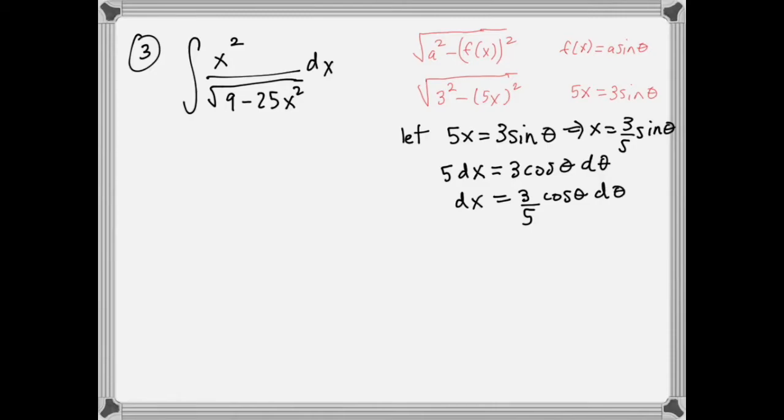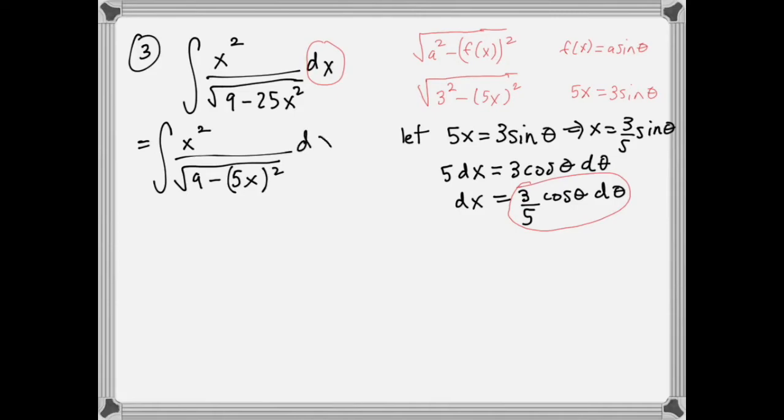So now that I have all this, remember, we're going to replace the dx with this, right? And everything else is going to be replaced with the substitution that we got, okay? So here's how we're going to write it. First of all, we have x squared over the square root of 9 minus 5x squared here, right? And so this guy right here, 3 sine theta, is what I'm going to replace this 5x with.